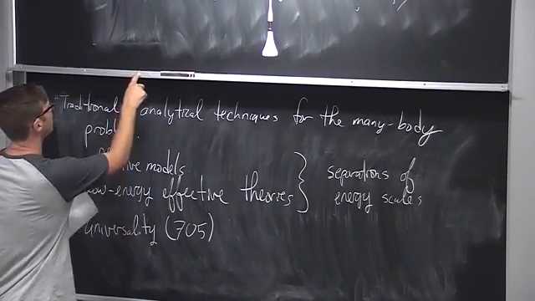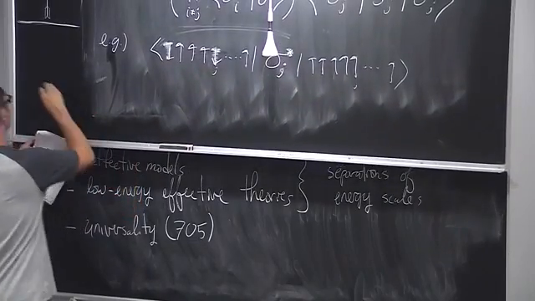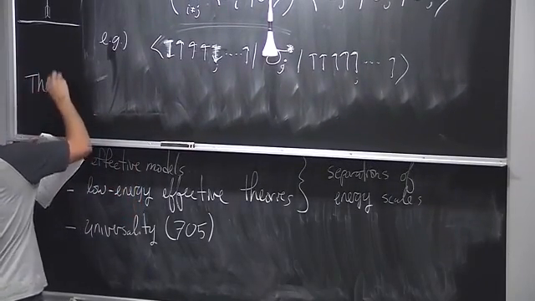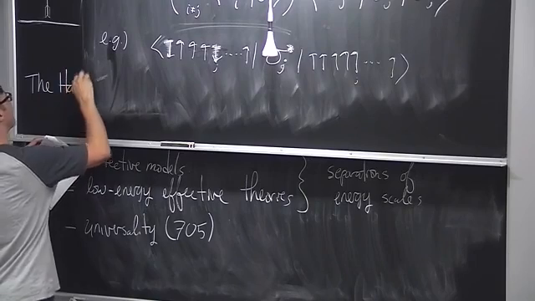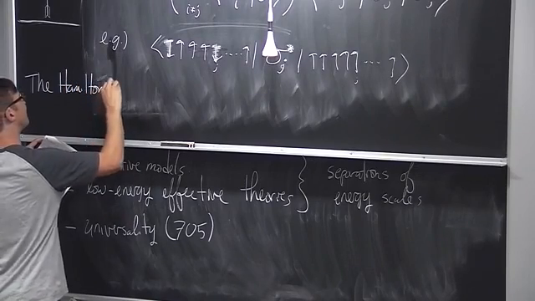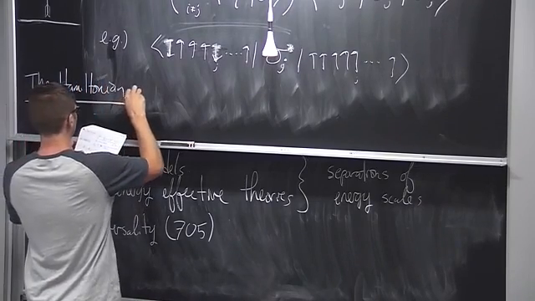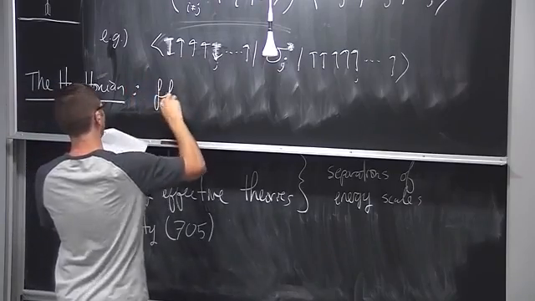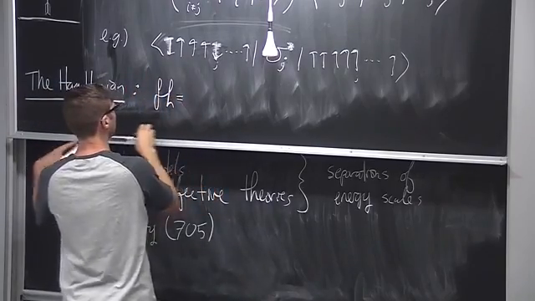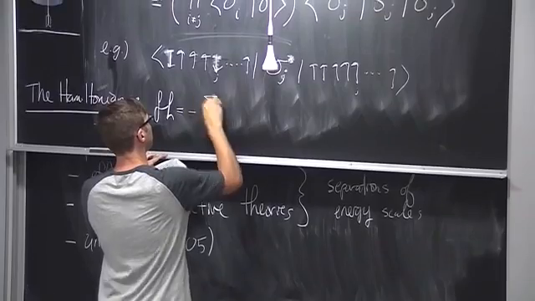So let me write the Hamiltonian for the transverse field Ising model. Call it H, put a minus sign.